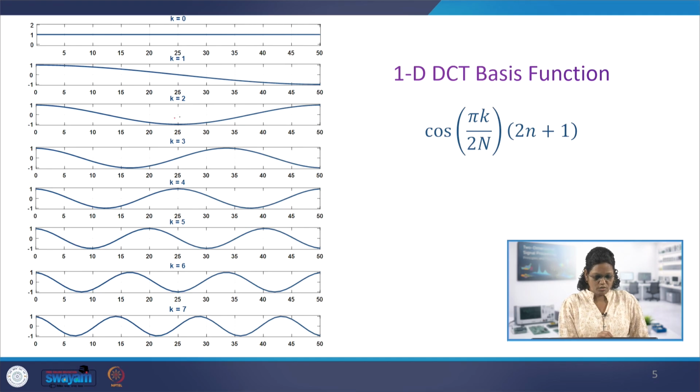If k equal to 2, that gives the fundamental. k equal to 3 gives 1.5 cycles, and k equal to 4 gives 2 cycles, that is the second harmonic. And k equal to 5 and k equal to 6 give 3 cycles. If you check between 0 and 50, these basis functions complete 3 cycles.